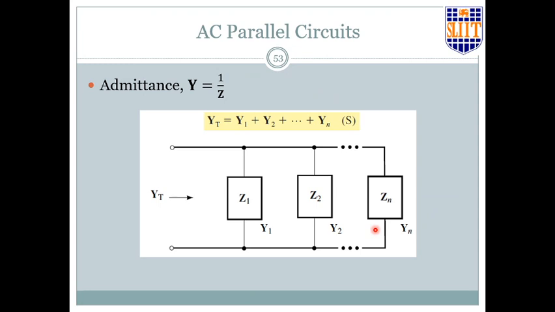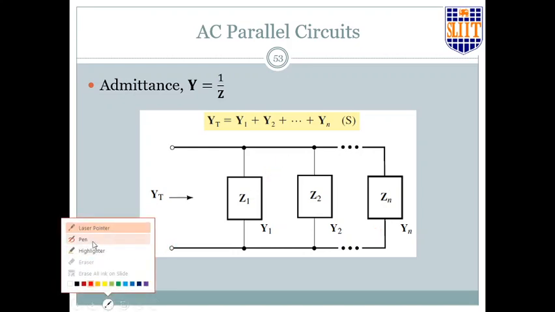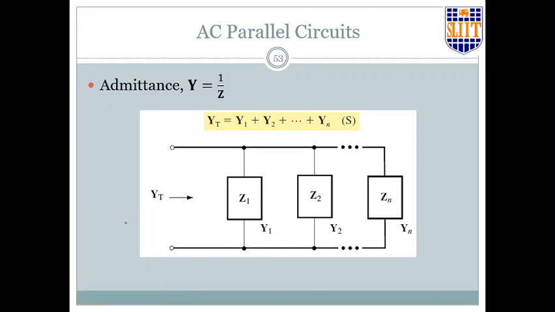Now the parallel combination, of course, we prefer to use 1 upon, because 1 upon ZT is equal to 1 upon Z1 plus 1 upon Z2 plus, likewise, 1 upon Zn. To make it easier, we use 1 upon Z, which is defined as Y, the admittance.